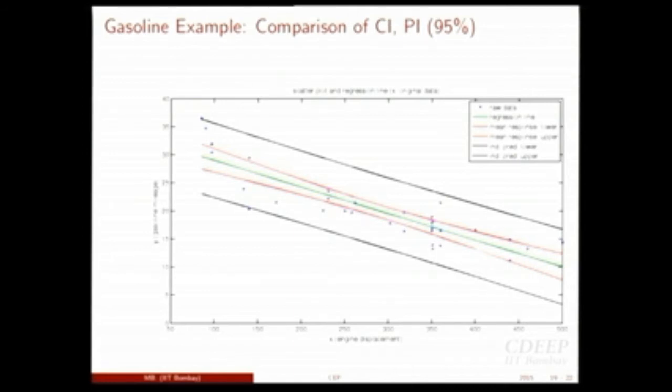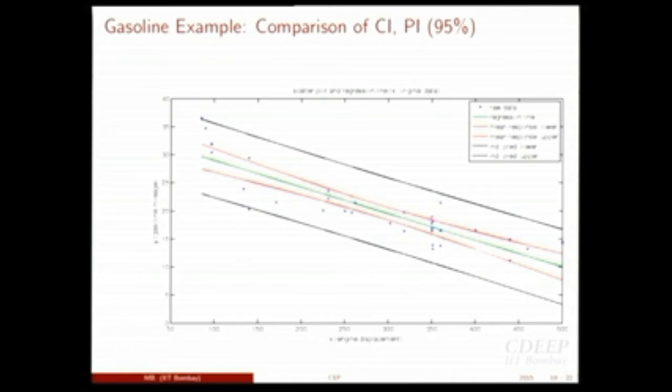Again, I don't know what value you will get, but my estimate of that value is whatever is the value on the green line, and I am 95% sure that one experiment at x equal to 200 will be between the black lines. So there is an average, mean response, and there is an individual prediction. You can generate confidence intervals for both these quantities.